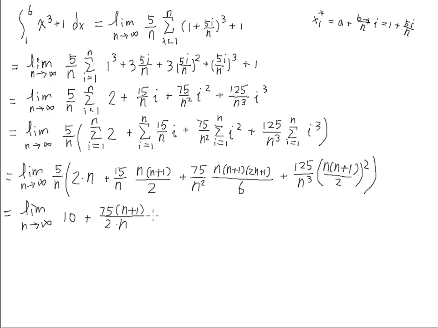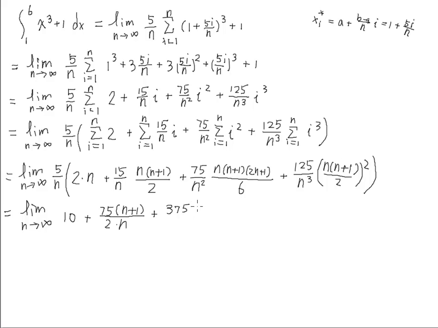Okay. And this one over here, just to be careful, again, n is cancelled over here. So now we have 5 times 75, so we have 375.